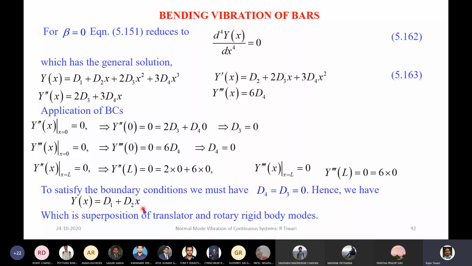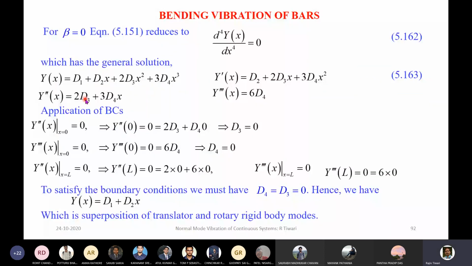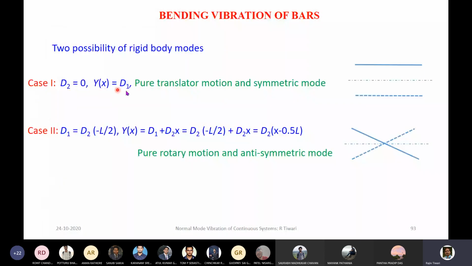So this is actually a rigid body motion, a superposition of two motions. We'll see how it is superposed. Let us say among this, if d2 is 0, then the equation is y(x) equal to d1. That means the displacement of all the points on the beam is the same.